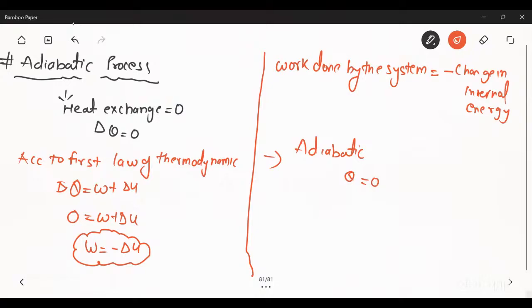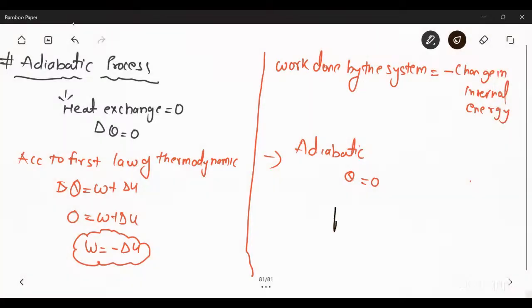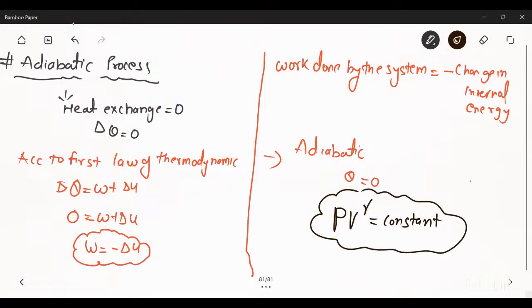So for an ideal gas, it will follow one condition, which is PV gamma is always constant in adiabatic process, where gamma is equal to Cp upon Cv, or 1 plus 2 by f.